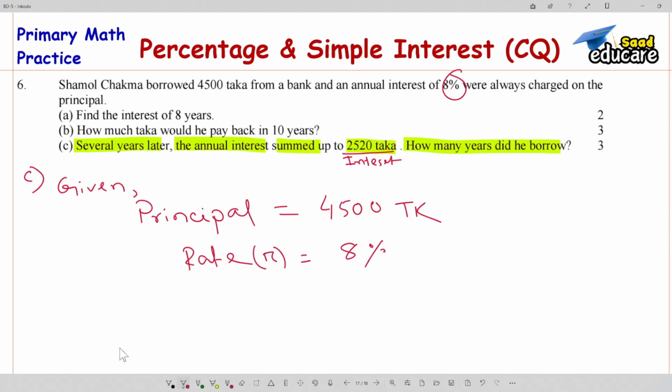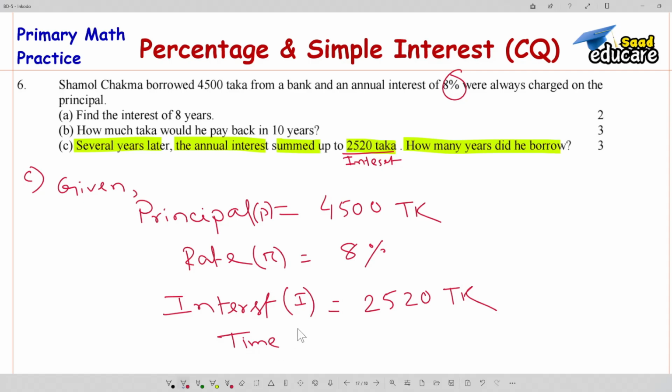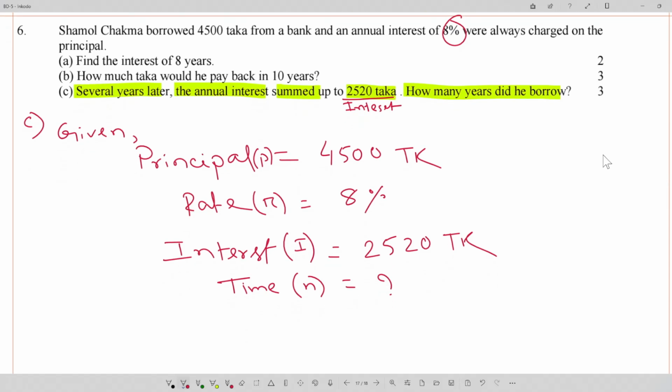And interest will be I, which is 2,520 taka, and time will be N. We want to know how many years he borrowed.